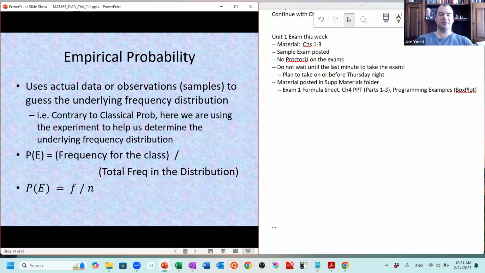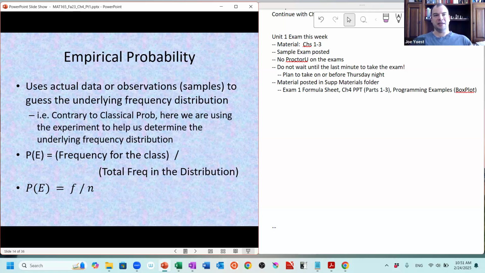It's a little bit more like chapters 2 and 3, but particularly chapter 2 with the frequency distributions, where I don't know what the population looks like, but I take a big sample. Maybe I don't know if this die is fair or not, maybe I don't even know how many sides are on it, but I roll it a whole bunch of times, maybe 600 times, and I see that one comes up about 100 times and two comes up about 100 times.